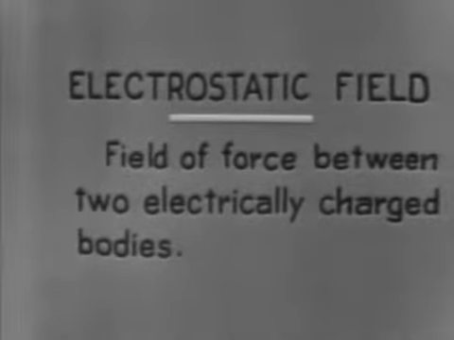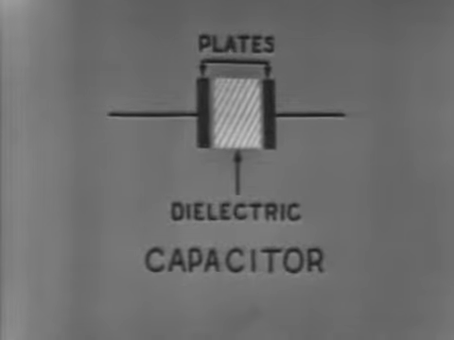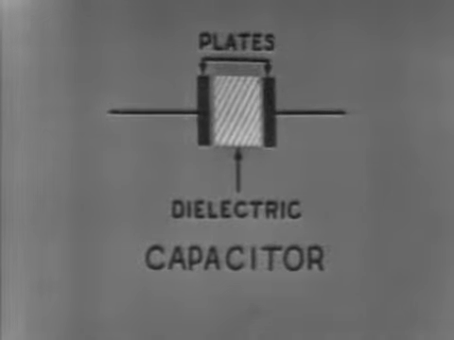An electrostatic field can be defined as a field of force between two electrically charged bodies. This definition gives you an insight as to the construction of a capacitor. The capacitor will appear in many varied shapes and sizes.